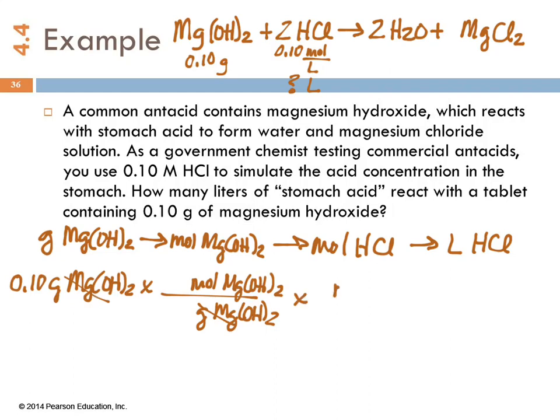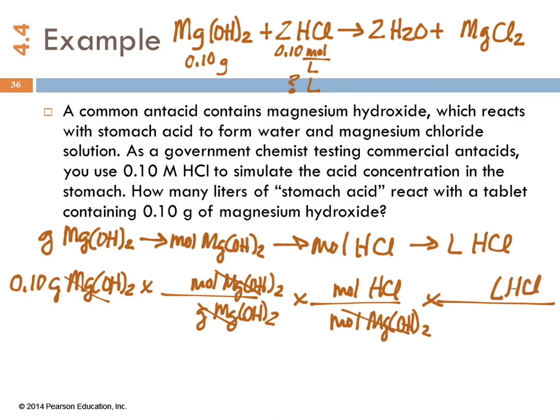Then we've got moles of HCl to moles of magnesium hydroxide, and those units cancel out. Then we've got liters of HCl per mole of HCl, and those units cancel out. Any questions?